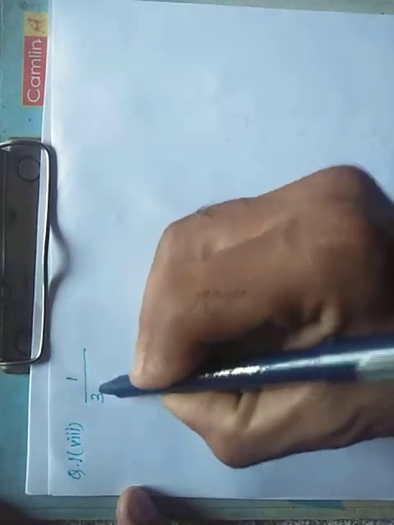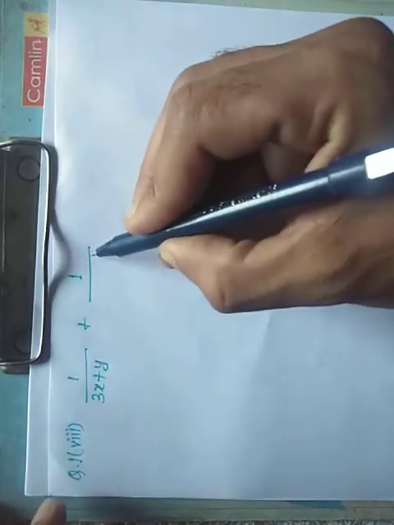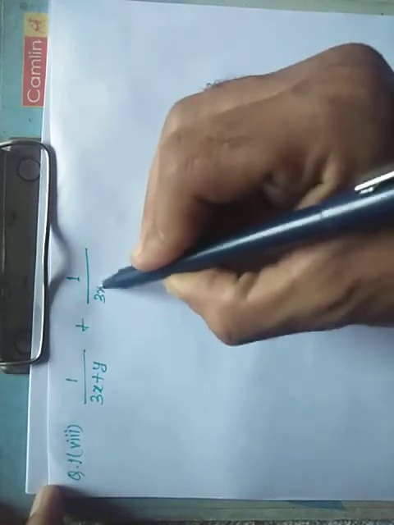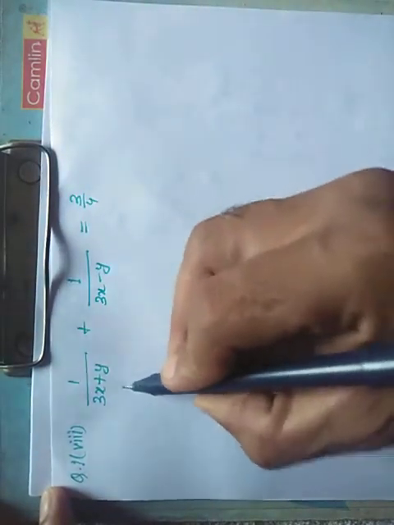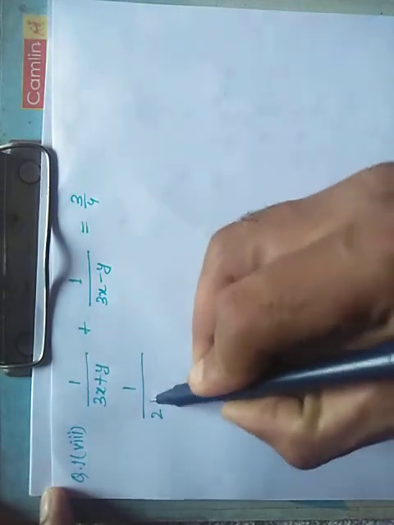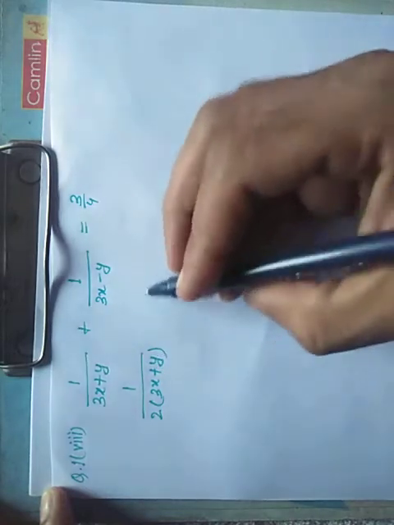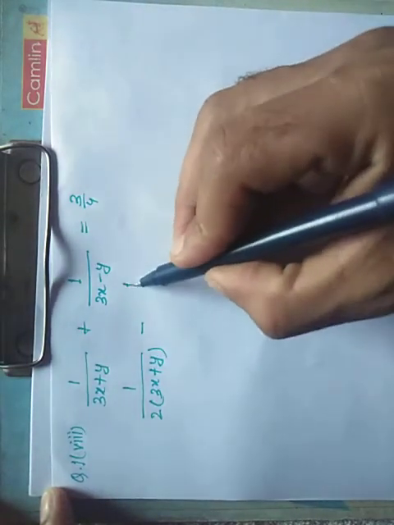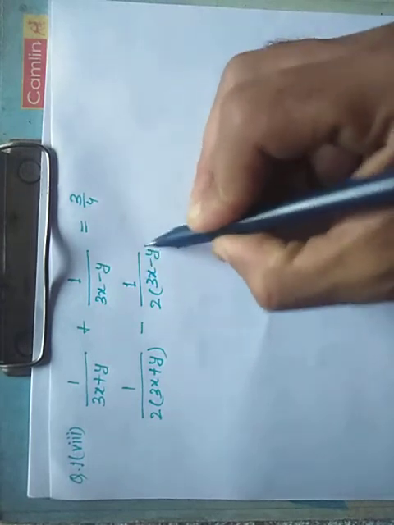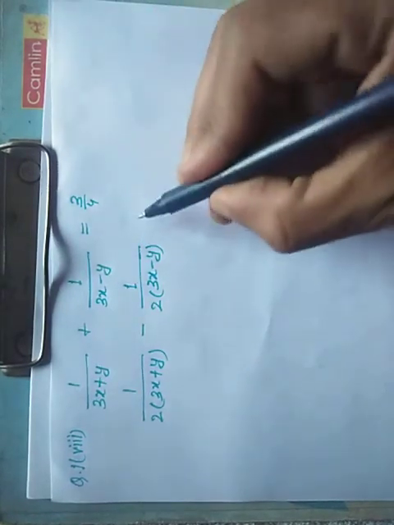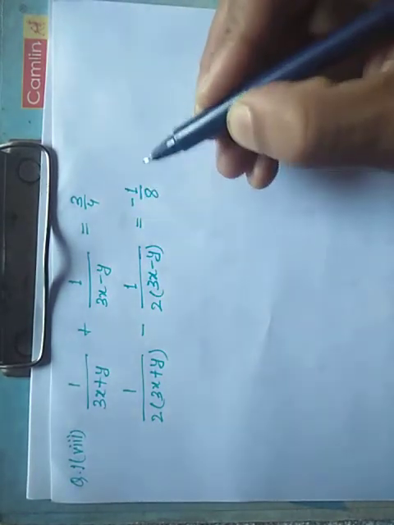Okay, so here it is 1 upon 3x plus y plus 1 upon 3x minus y is equal to 3 upon 4 and 1 upon 2 into 3x plus y minus 1 upon 2 into 3x minus y is equal to minus 1 upon 8.